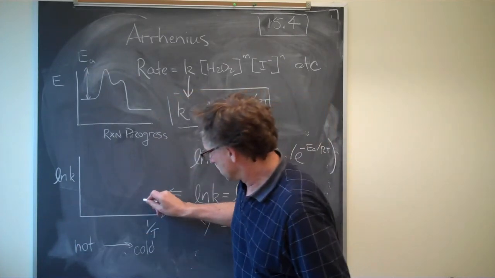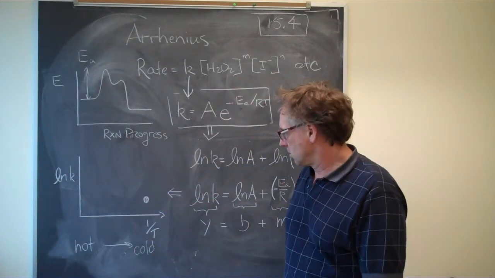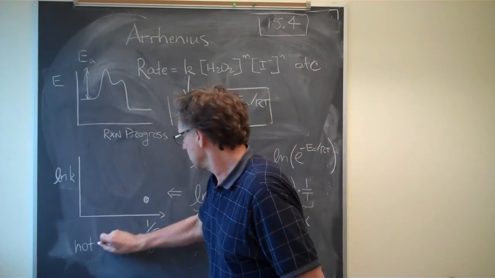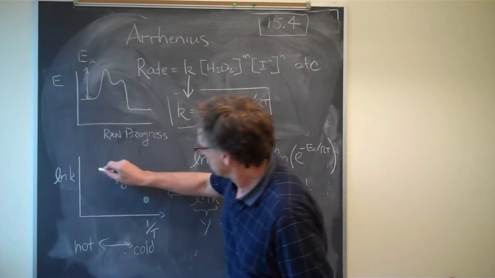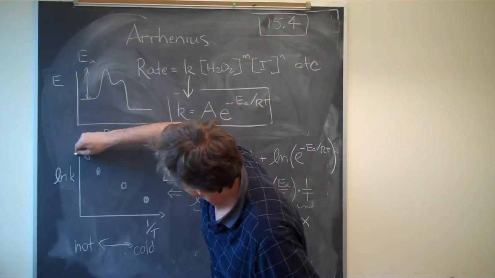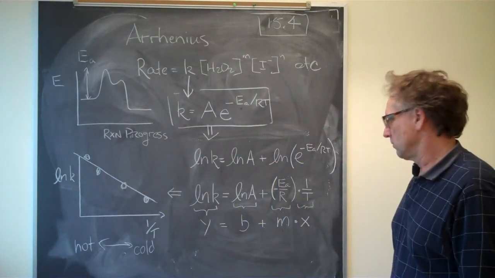So I make a measurement of the rate constant, and I plot log of k, and then I raise the temperature, let's say, and then I get a bigger number, and then I might get a bigger number, and so on. And if they lie more or less on a straight line, then what can we say about that?